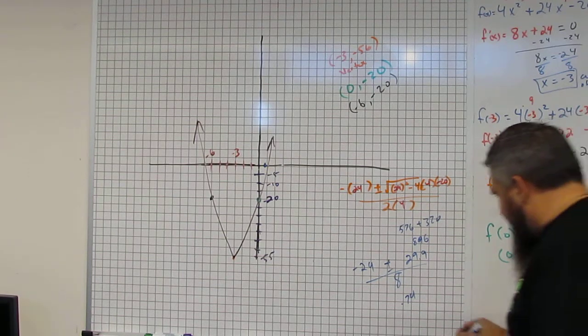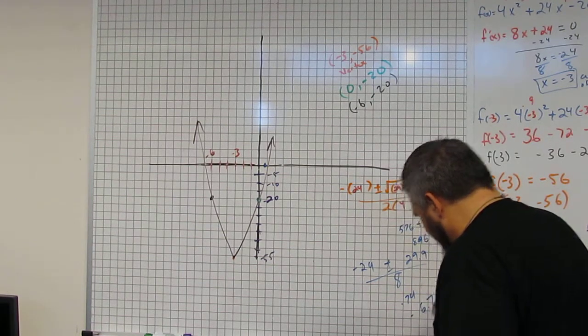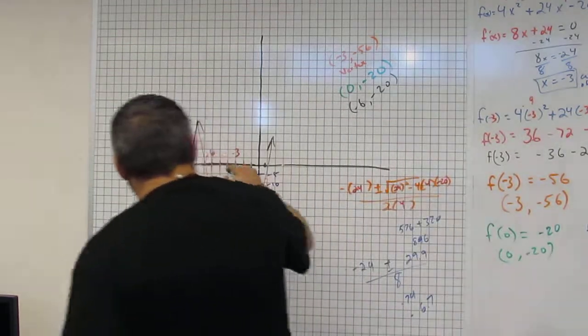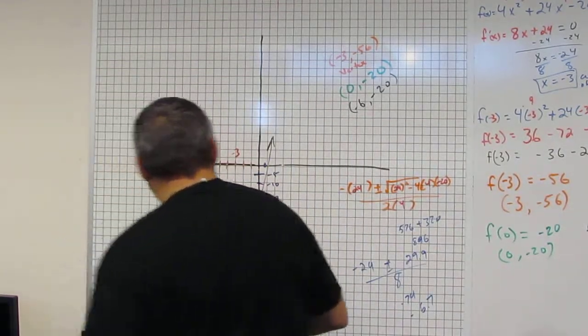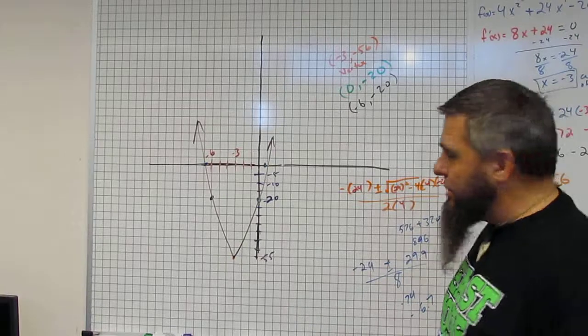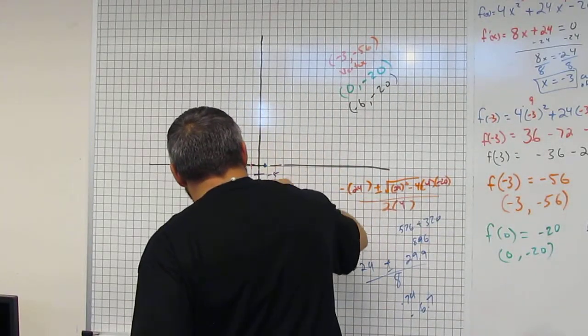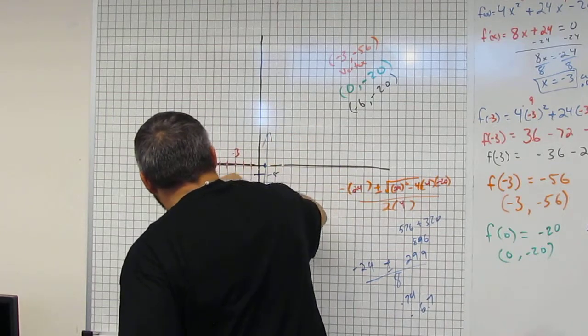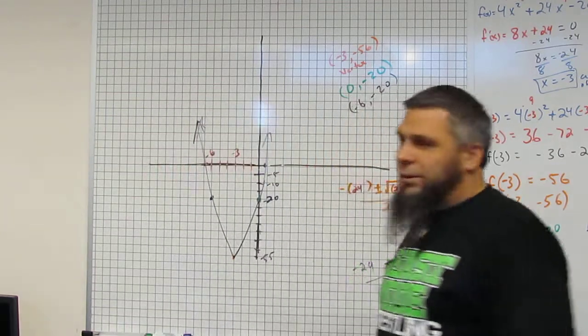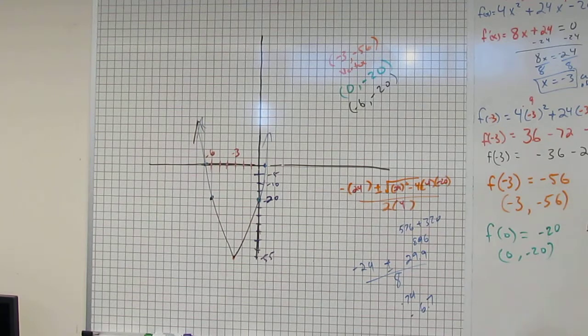I get negative 6.7, right? So negative 6.7, or 6 3/4, right? And so this was just a little off. Just like that, bam. And that's using the whole thing. Okay?